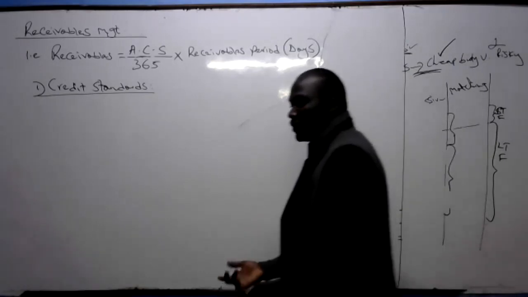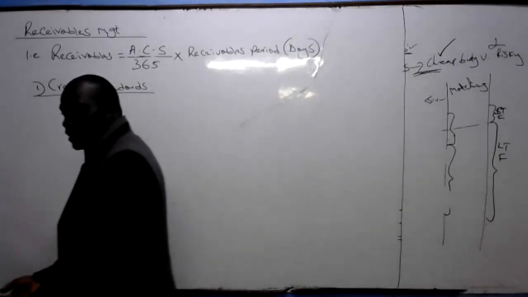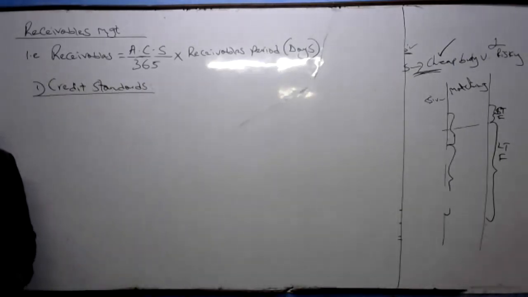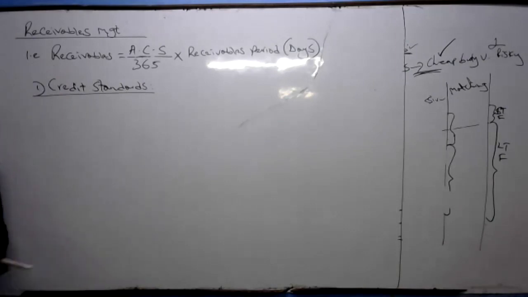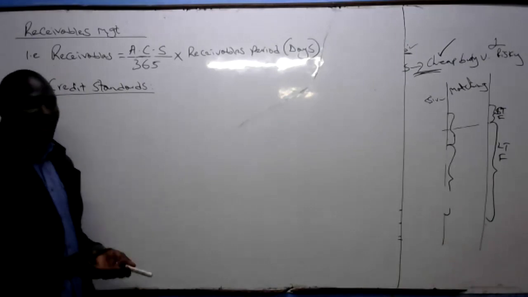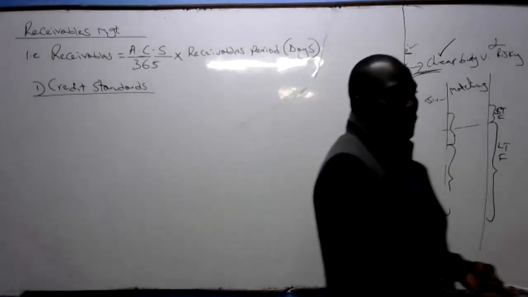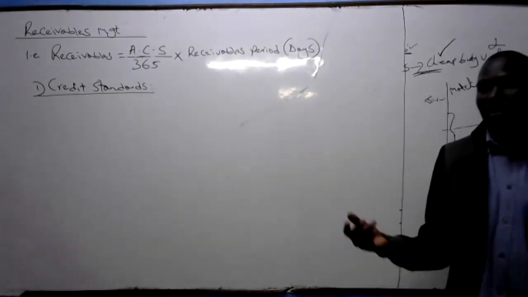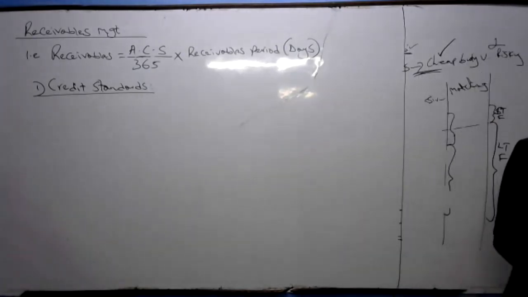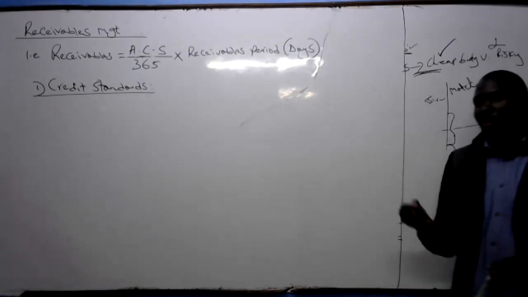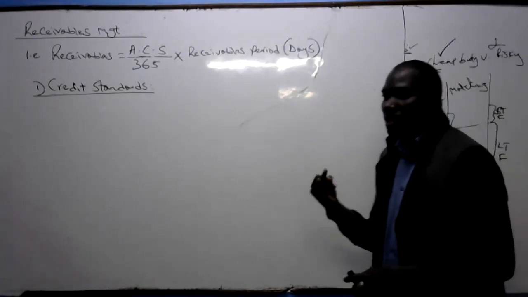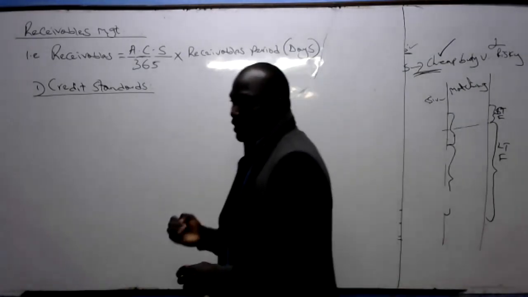So if the conditions we set are so lenient, then of course many customers will qualify for credit, meaning our credit sales will be more. Debtors will also be many because we sold to many of them, right? And even bad debts will be more because we brought in almost everybody. When you're so lenient it is one way, when you're so strict it becomes vice versa. Sales are low, debtors are few, bad debts are few.